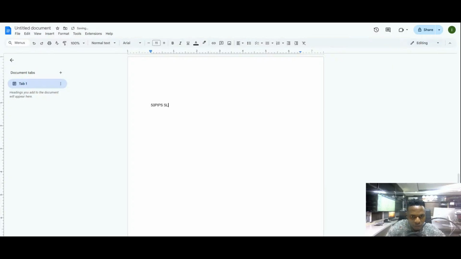Right? If you are using 50 pips SL, and let's assume the account is, no, let me use 5,000. The account is $5,000 and we're using 50 pips stop loss.